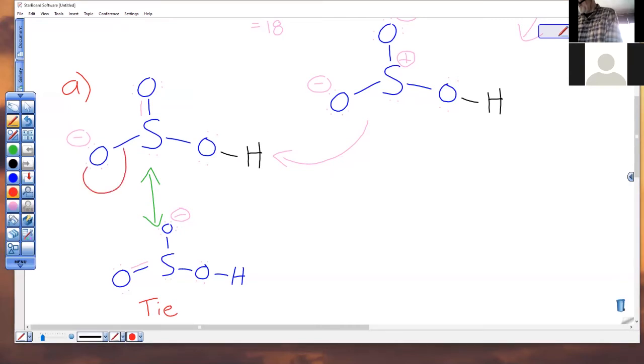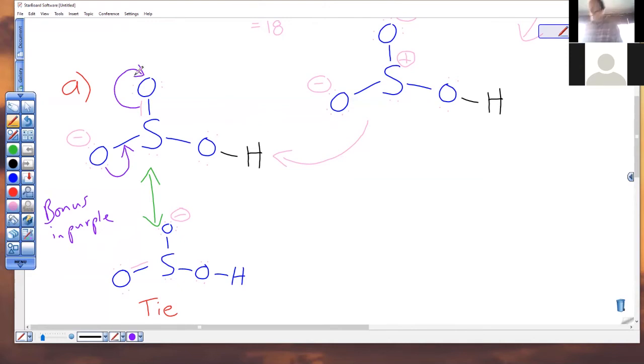Here's the bonus. Yeah, let's do it in a different color. Bonus in purple. No, that's not purple. Purple's kind of close to blue. Hope it provides enough contrast here. This is called resonance.